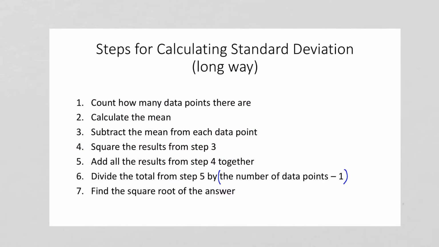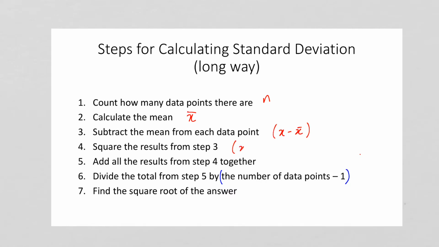So steps. First step is to count how many data points there are. That was n. Then you're going to calculate the mean, which was the x with the line over top of it. You're going to subtract the mean from each data point. So that was this step. Then you're going to square that result for each one. Then you're going to add them together.